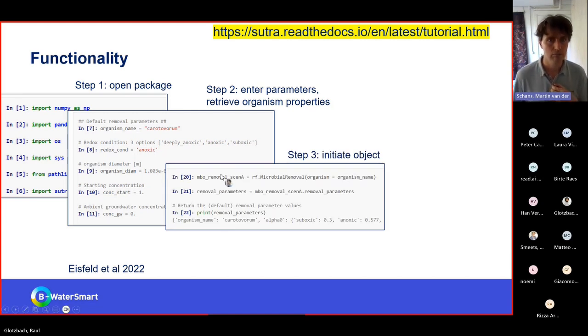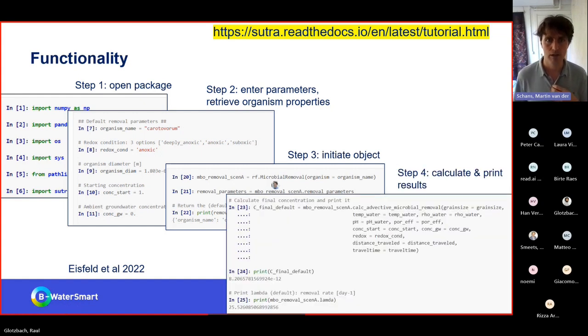And then this is again a kind of Python step that you have to basically initiate your calculation. And so you have to initiate your microbial removal function. And then you have to make the calculation and print the results.